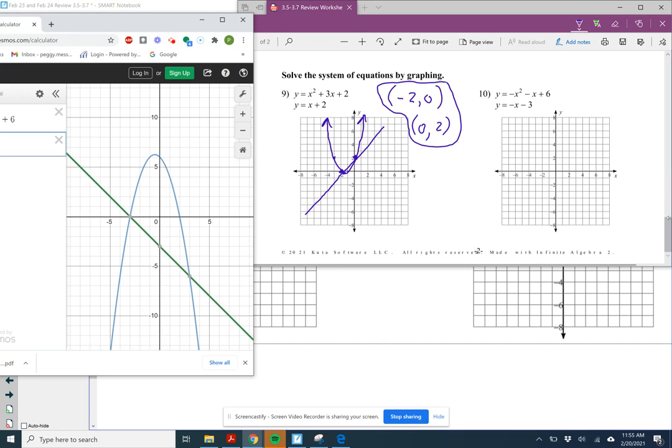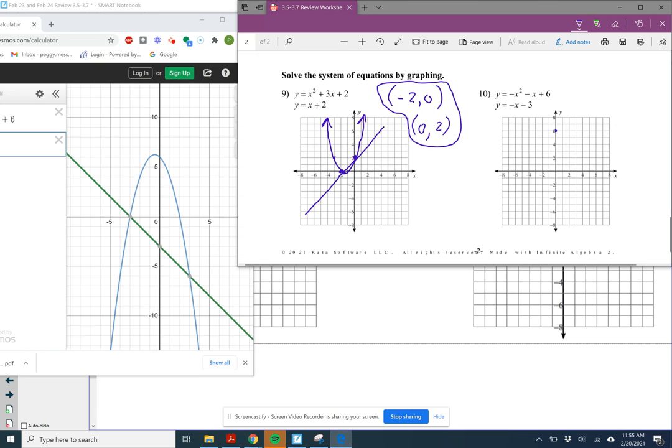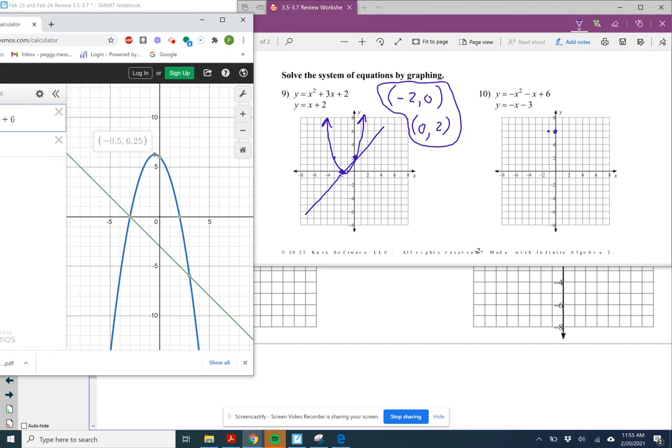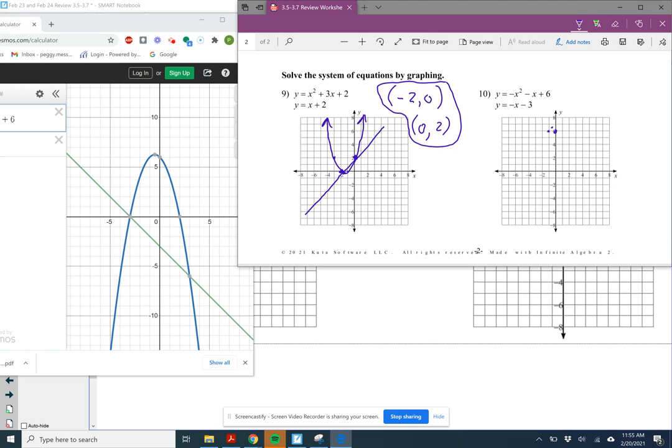So the quadratic has a y-intercept at 6. It also goes through negative 1, positive 6. It's got its vertex. Remember what we said it was? Negative 1/2, positive 6.25. So just barely above 6. And where are we going?